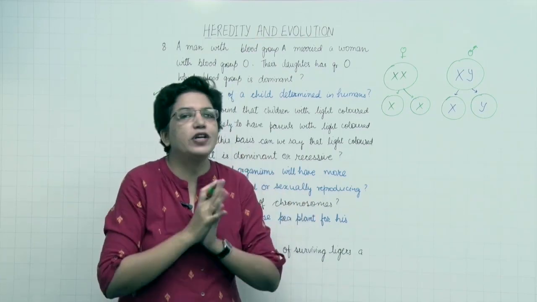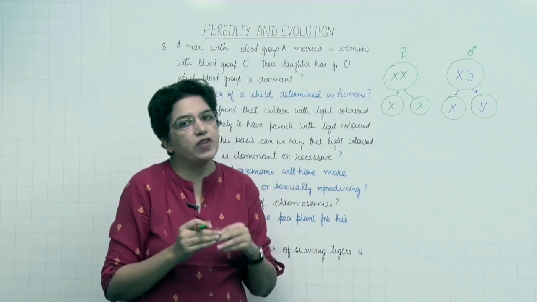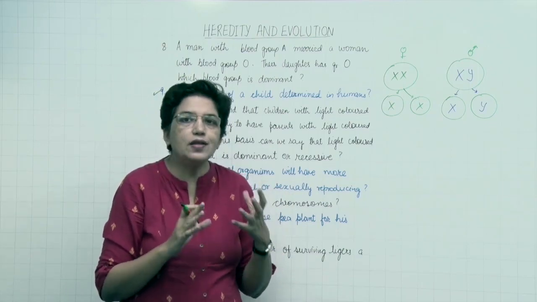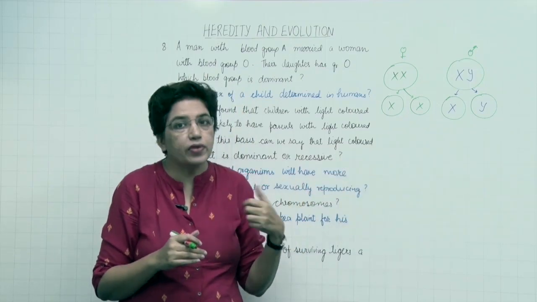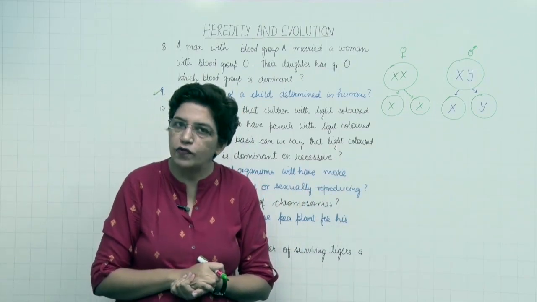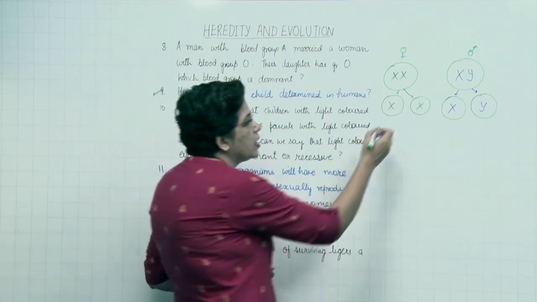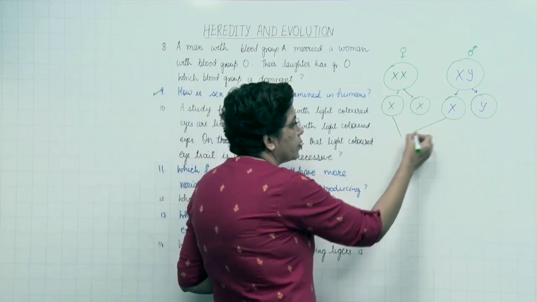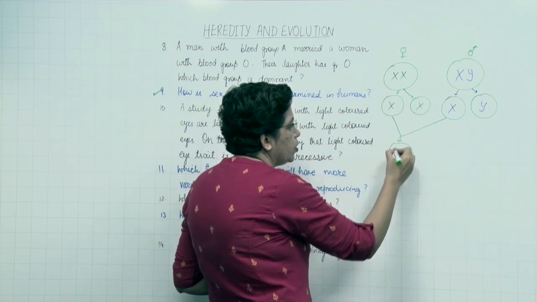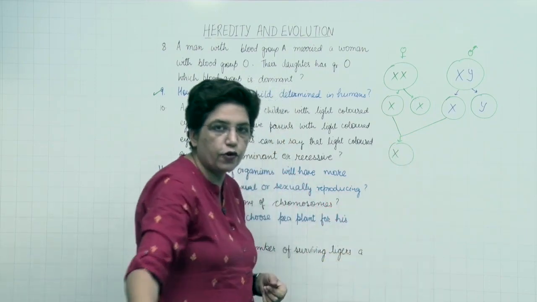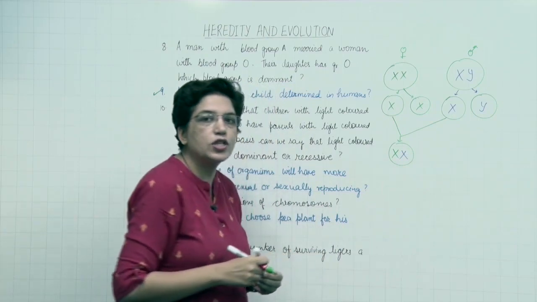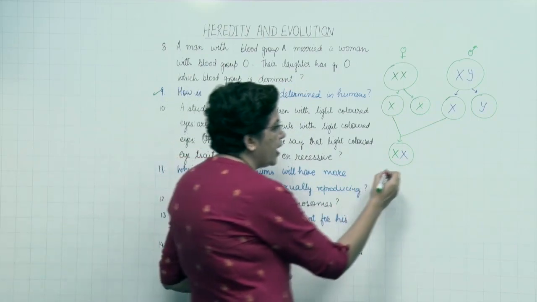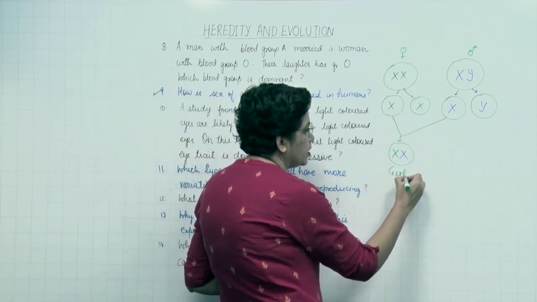Now, during fertilization, when fusion of gametes takes place, what are the chances which sperm will fuse with the ovum? That will decide the sex of the baby. Okay. So, if X fuses with X, the newborn will have X from the mother and X from the father. So, it will have XX chromosome and this child will be a girl child.